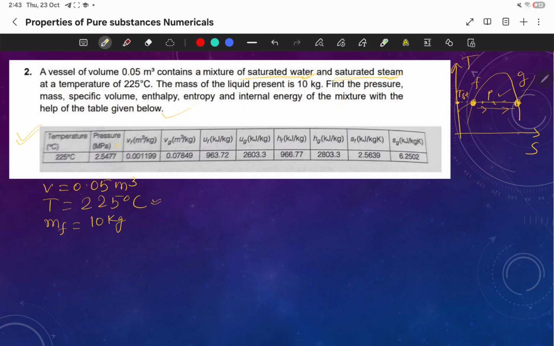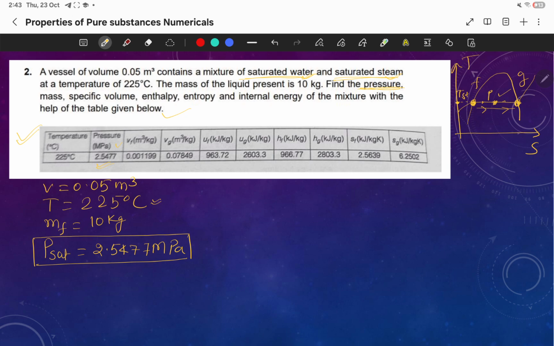Here you can see that this mixture is present in the saturated region. So this P which is given here will be the pressure. Find the pressure: pressure will be P saturation, 2.5477 MPa.